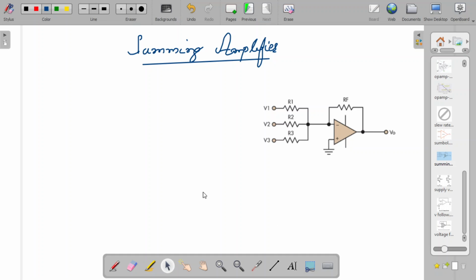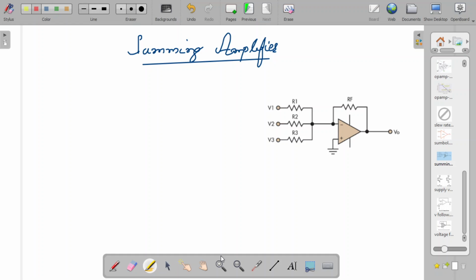We have to analyze the circuit and understand how the summing action takes place. As shown in your text, you give voltages V1, V2, V3 through the resistors R1, R2 and R3.